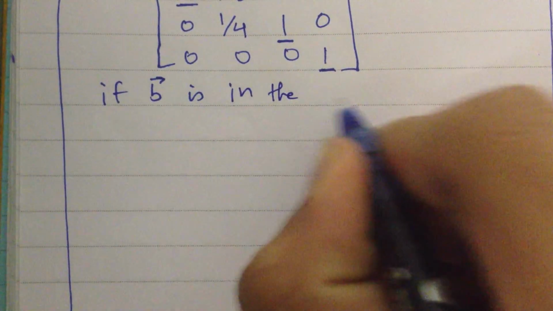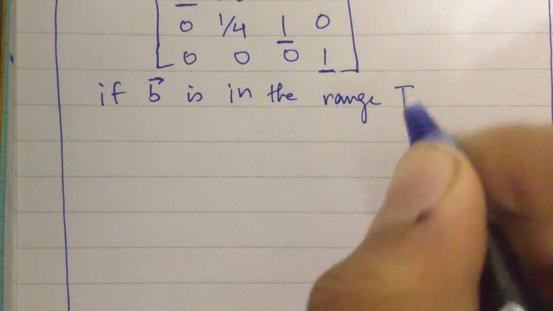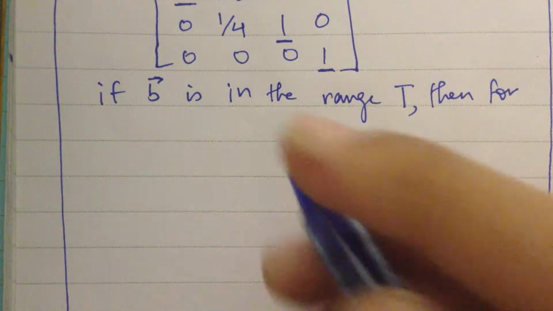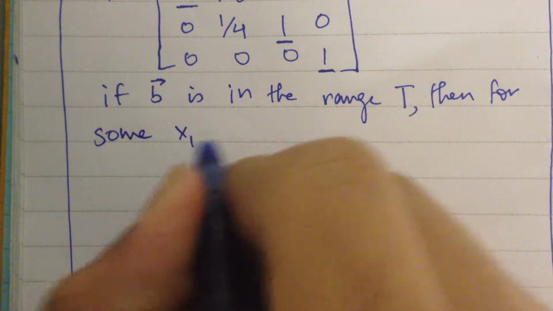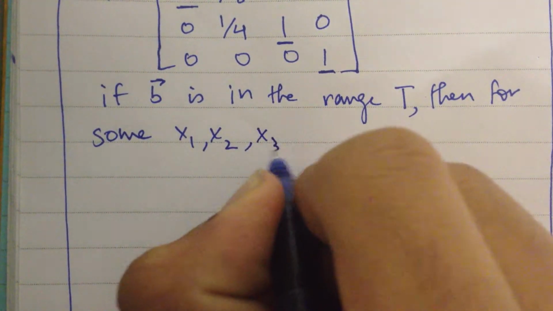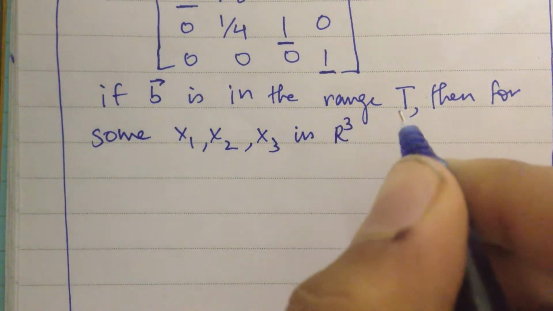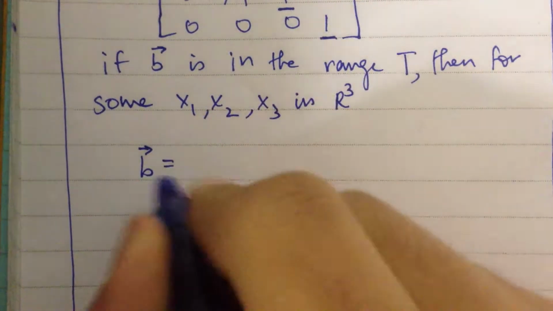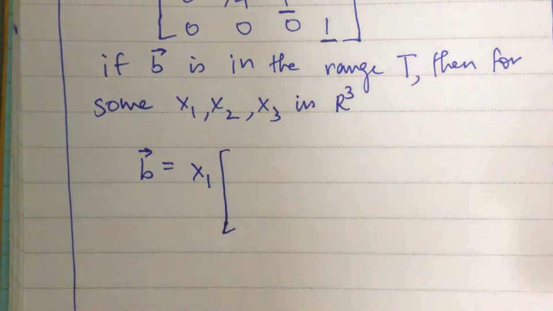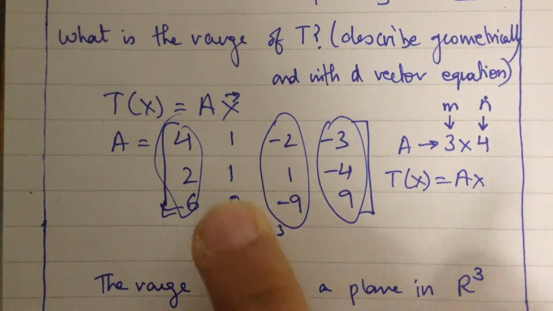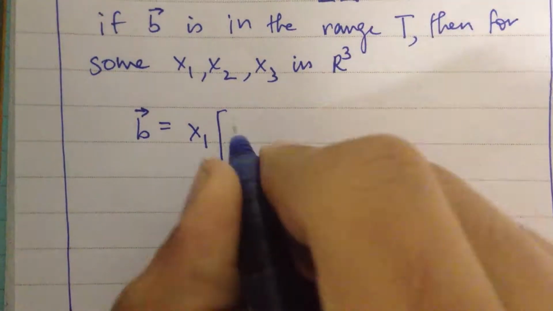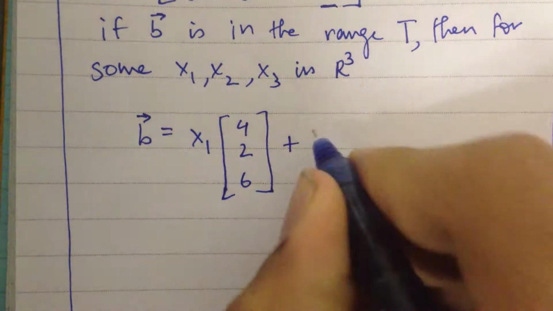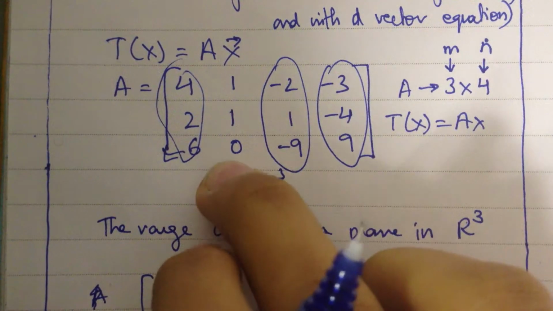So now we say if a vector B is in the range of this linear transformation T, then for some x1, x3, and x4 in R, B is equal to x1 times its respective column in matrix A, which is (4, 2, 6), plus, notice how we will not use x2 but we will use x3 since the second column is not a pivotal column.